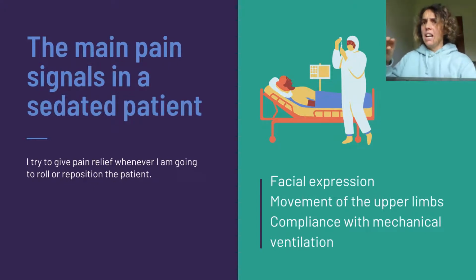You can see the ventilator trying to deliver air, but the patient is generating intrathoracic pressure, so the air doesn't go in. It could be a sign that the patient is asleep but unconsciously having pain. It's a tricky one, but a good one if you observe the patient more closely.